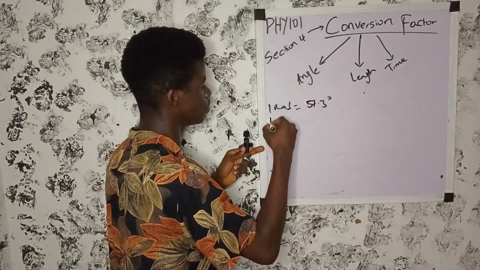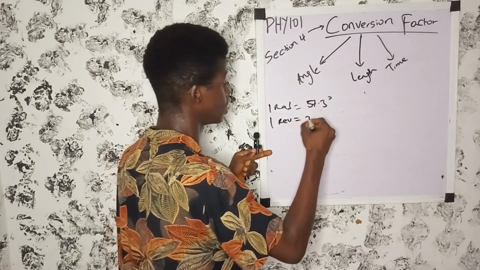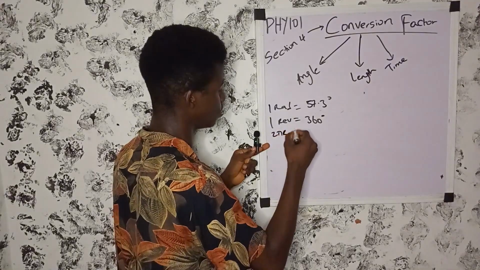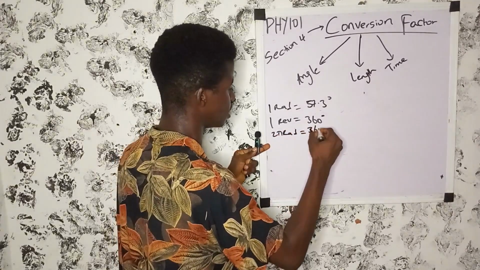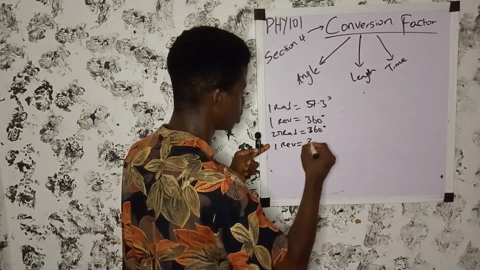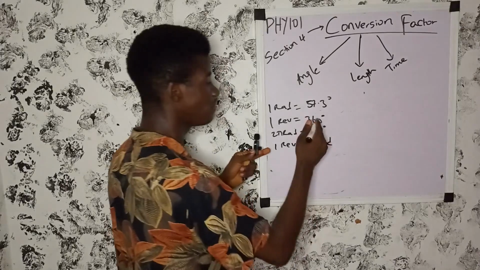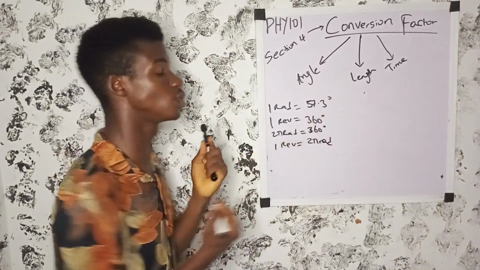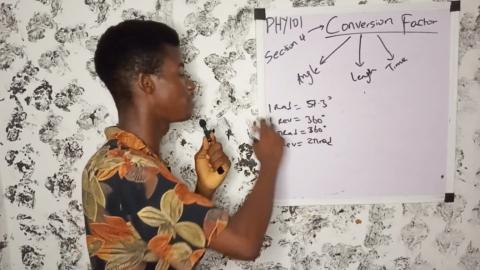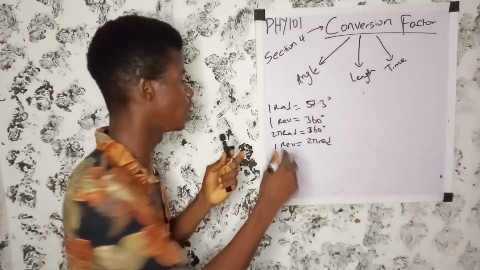I also tell you that 1 revolution is equal to 2 pi radian. Now if they ask you to convert from degree to revolution, or from revolution to degree, it's very easy.